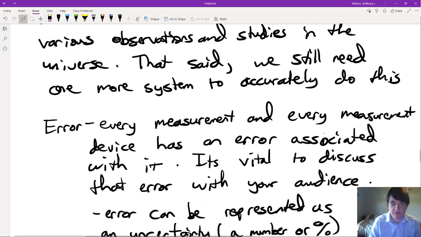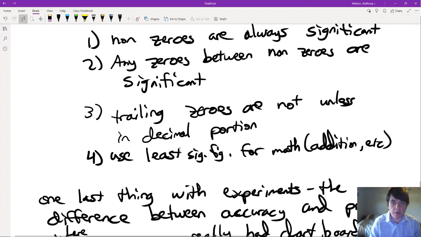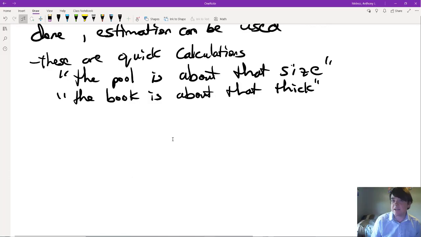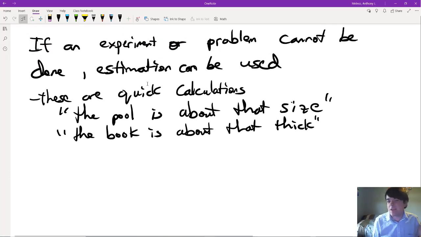And all of these last things are about experiment, okay, which is extremely important in any science and physics as well. And then of course estimation. If you don't have time or you can't do a problem really quick, you can do a quick estimation. These aren't meant to be accurate values by any means, but they're meant to just give you a quick idea of what's going on. So a quick judgment to the system can be made.